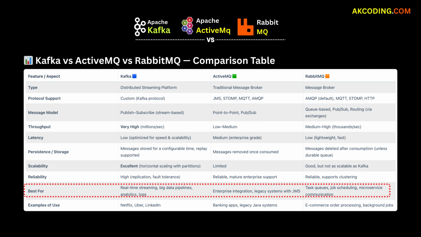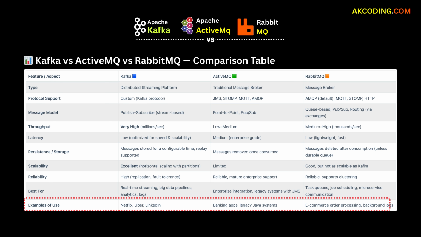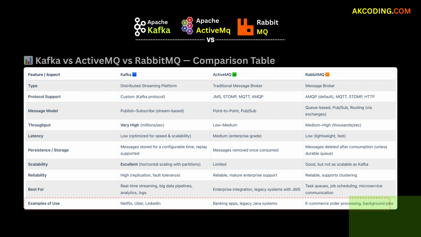RabbitMQ is fit for task queues, job scheduling and microservices communication. Examples of use: Netflix, Uber and LinkedIn use Kafka. Banking apps and legacy Java systems use ActiveMQ. E-commerce order processing and background jobs use RabbitMQ.